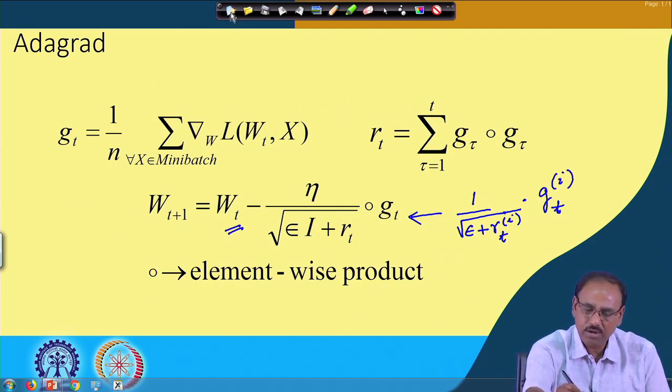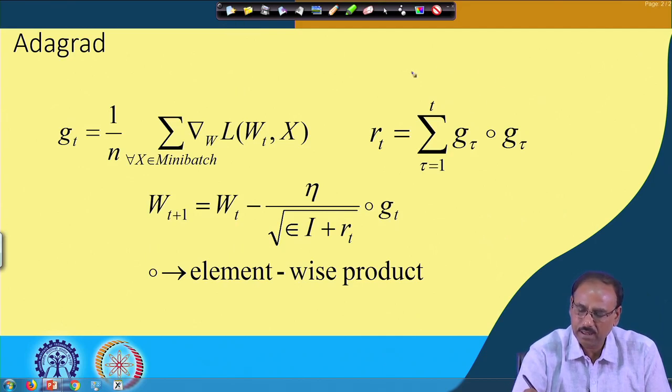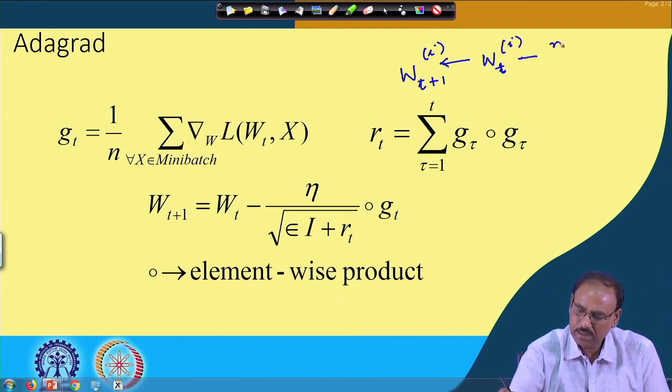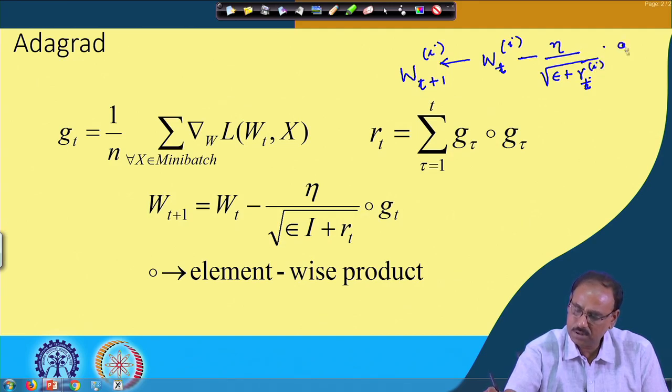So if I go component wise, the ith component of Wt plus 1 is the ith component of Wt minus eta by square root of epsilon plus Rt i, times Gt i.